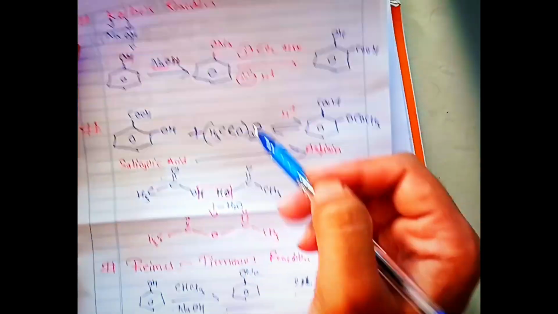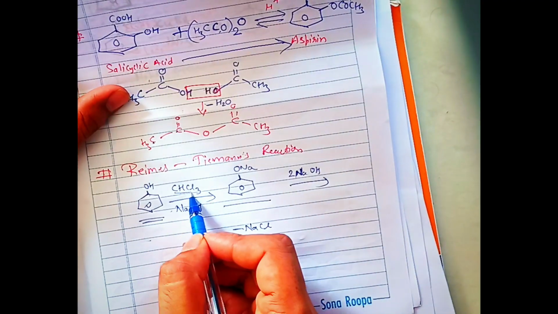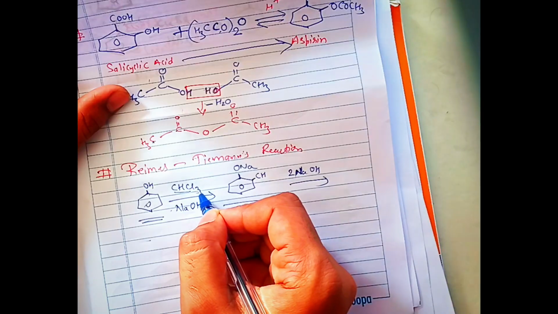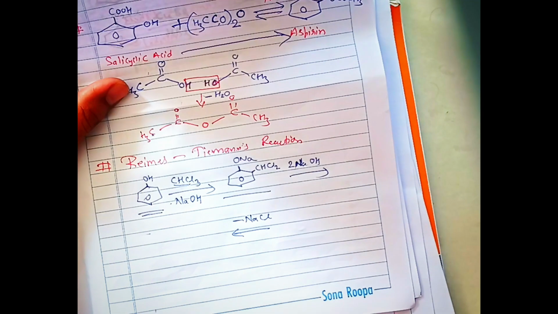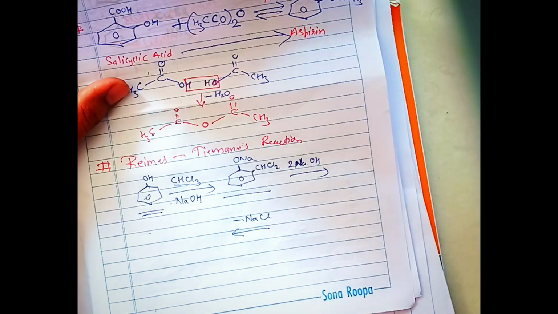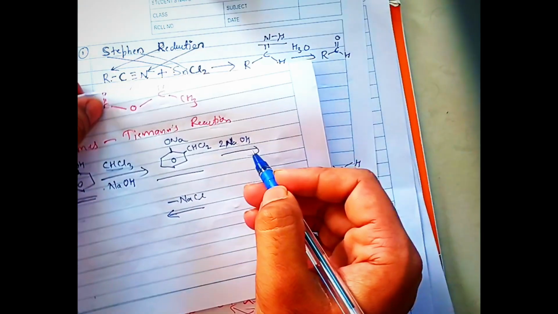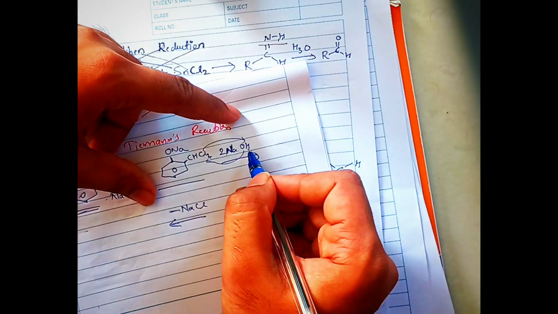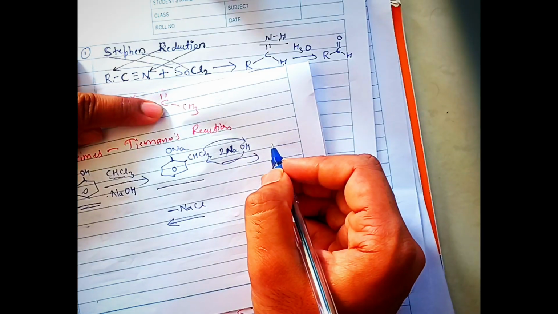In the Kolbe reaction, here also we can take ONa, but here CHCl3 is added, so CH with Cl3 can be written as Cl2. Then by the SN2 reaction, you already know that the OH will come in here and Cl will be removed.